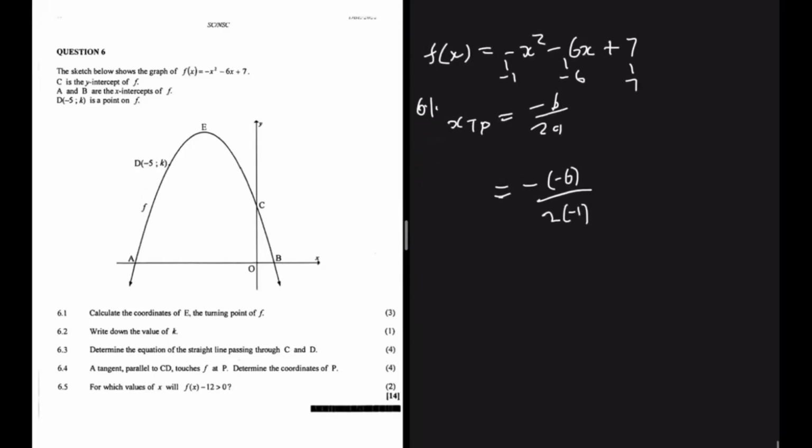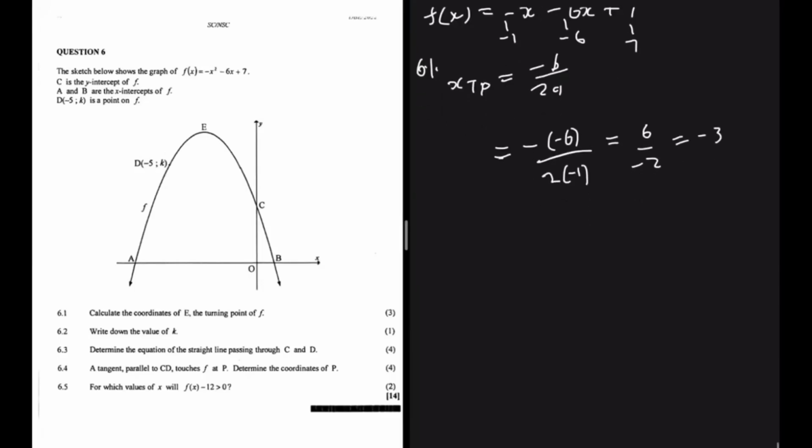So x of TP will be equal to 6 divided by minus 2, which is equal to minus 3. And that makes sense because x of TP is on the negative x, right? Because that's where E is situated.